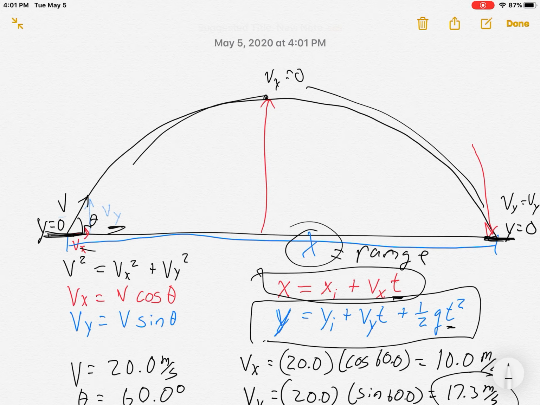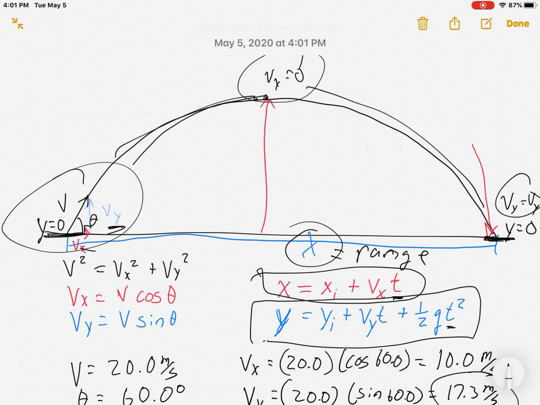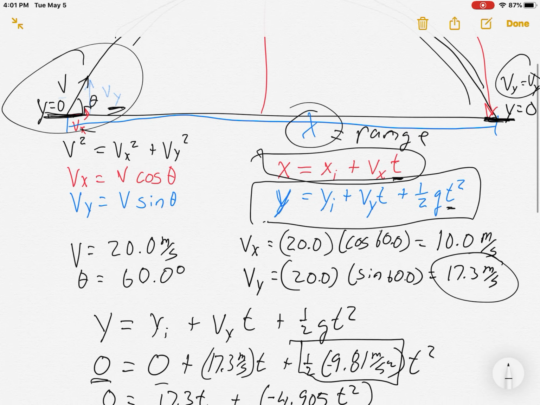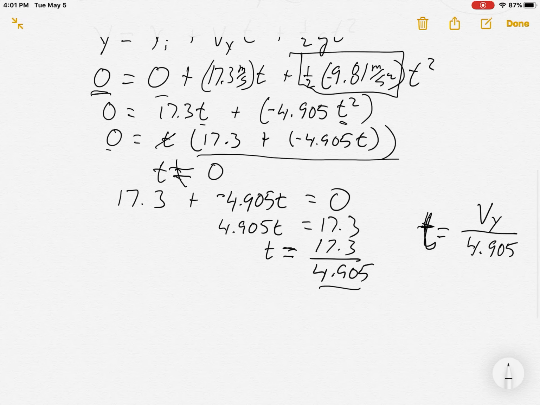So it starts at Vy over on this side, goes to 0 up here, and then goes back to Vy over here. So it takes half that time to lose it. Why does it lose it? Because of gravity. That's why we use the 9.81. And then it takes half that time to regain that speed. So that's why it's the initial velocity divided by half of gravity, because it loses it and then regains it. So it takes twice as much time.